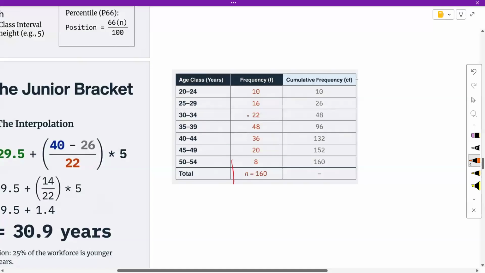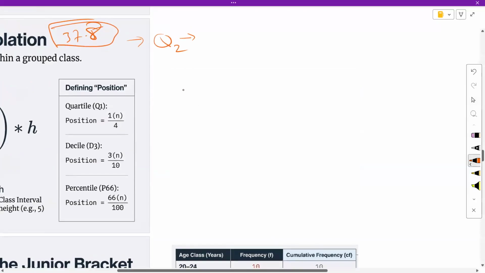Here, what is the median class? First, we have to identify the location. Total number of observations is 160. There are 160 employees.